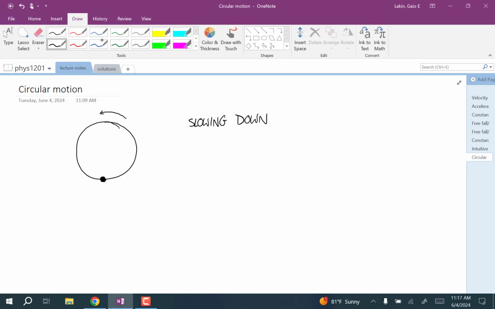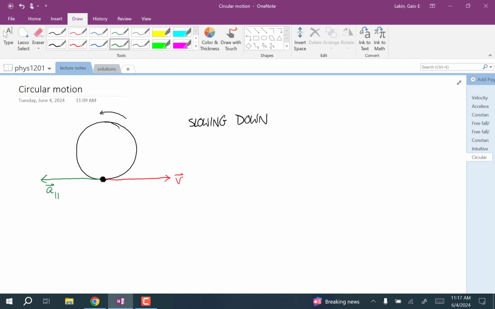Well, how would we think intuitively about the direction of acceleration in this case? We know that the velocity vector is tangent to the path, so it would be this way. We know that it's slowing down, so the parallel part of the acceleration has to be opposite the velocity.